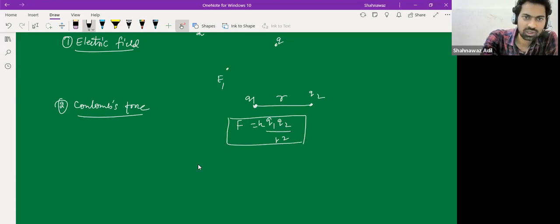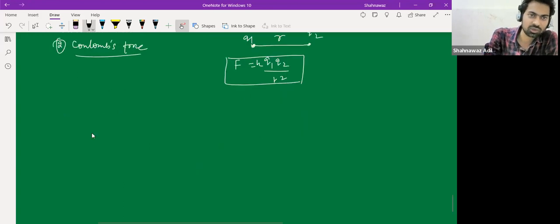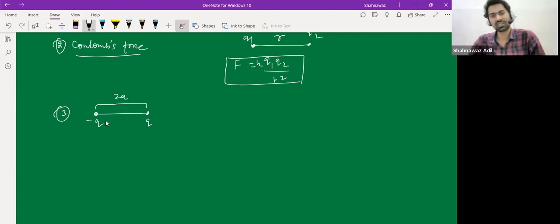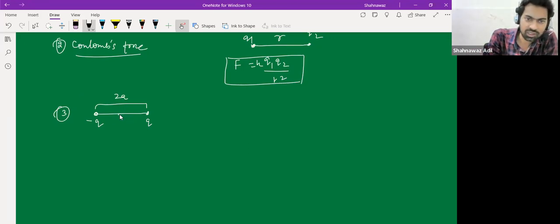And the third one is the geometrical structure of the electric dipole. You have this dipole, and it has a very small separation 2a. The dipole moment, which defines the strength of the dipole, goes from negative to positive.